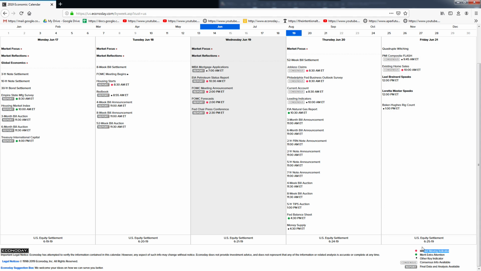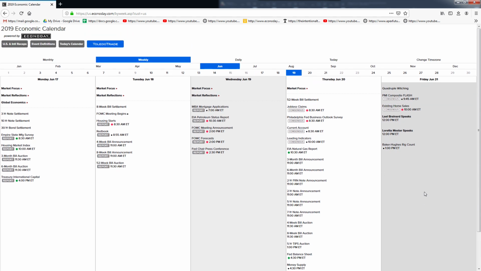But anything with the red dot is a market moving indicator. Green merits extra attention. Black circle, other key indicator. And then you'll have consensus and then reports. All we care about is the red dots, and not every red dot affects the ES, okay?